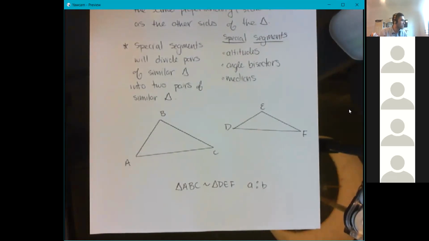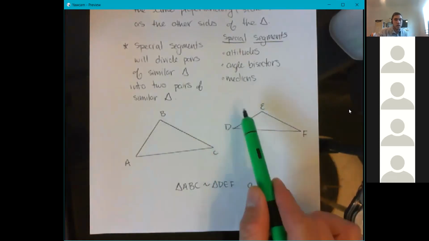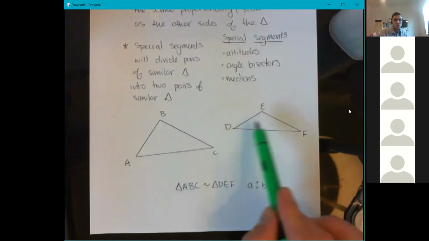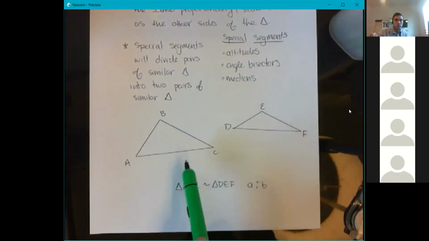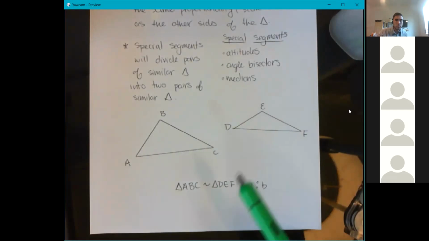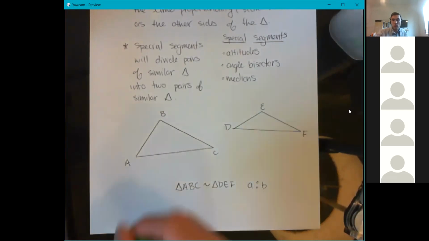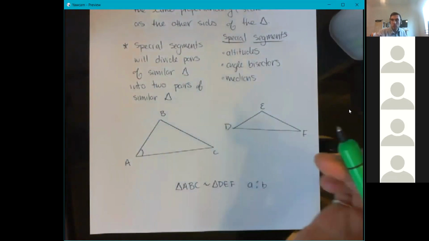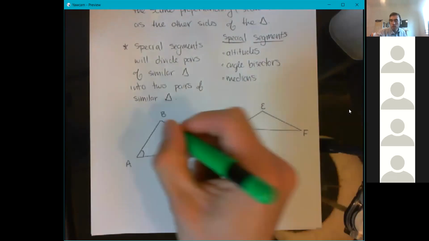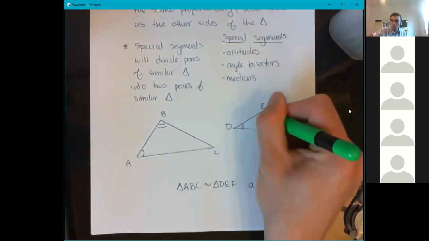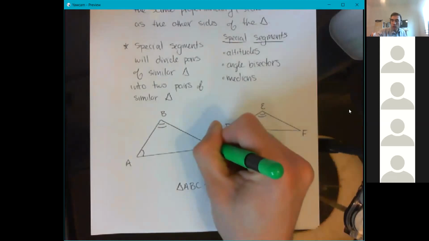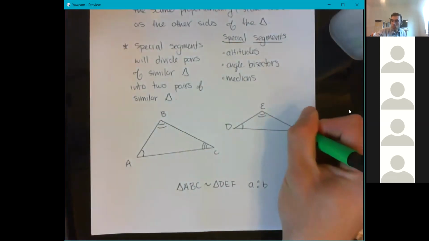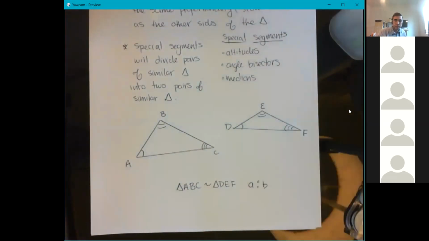Their angles are congruent. That's the big thing it tells us. If I took this side and divided it by that side, I would get a over b, and the same for the other sides. The other important information is that the angles themselves are congruent: angle A is congruent to angle D, angle B is congruent to angle E, and angle C is congruent to angle F.